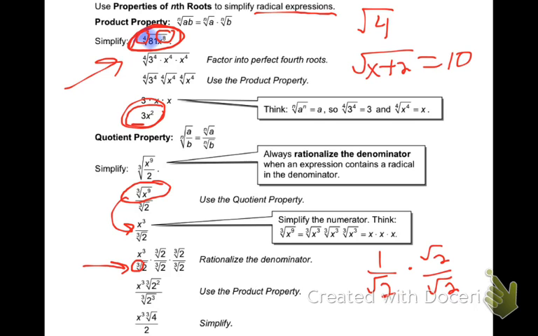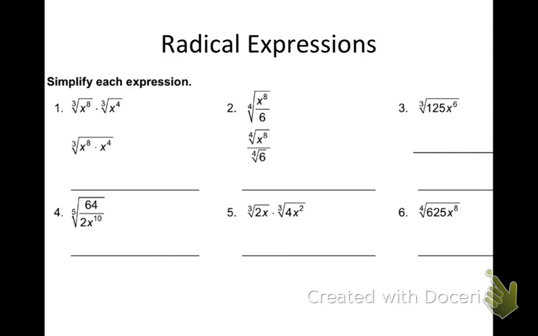All right, let's look at number 1 here, radical expressions. I have the cube root of x to the 8th times the cube root of x to the 4th. When I multiply, what do I do with exponents? When I multiply, I add them.